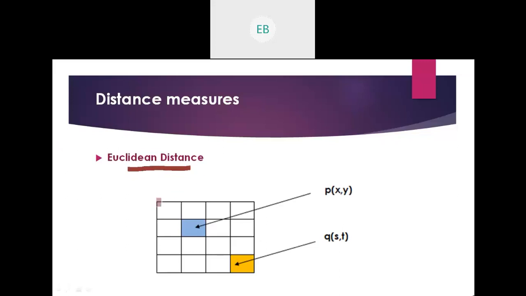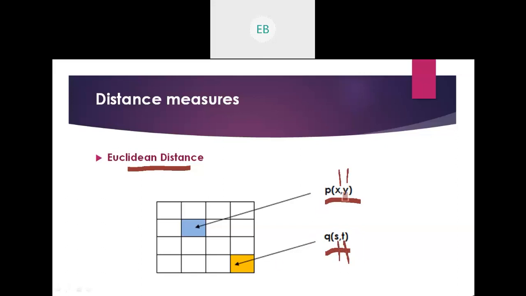Here you can see 2 pixels. Let me consider 2 pixels, p(x,y) and q(s,t). As you know, x is the row and y is the column, so s is the row and t is the column. Do you remember that? Yes.